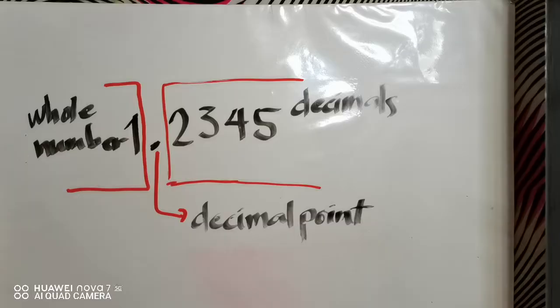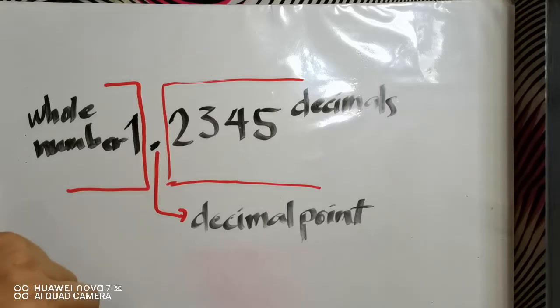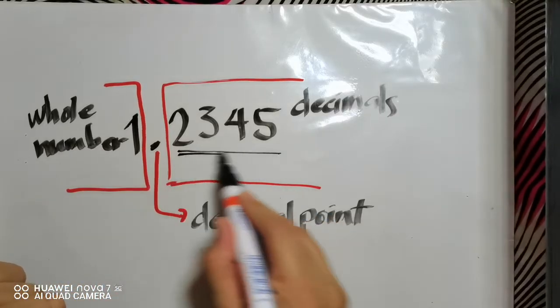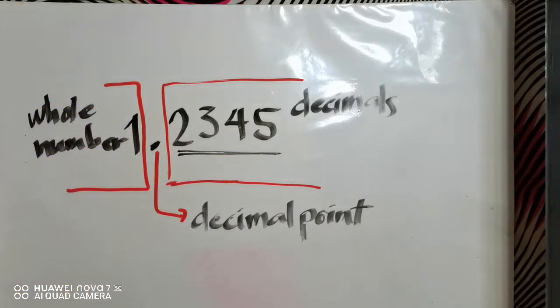So, again the numbers on the left, we call them the whole number, or the whole numbers kung marami. We call that the decimal point. And then this one, ito yung decimal. So, we will be focusing on the decimals kasi we are done with the whole numbers.